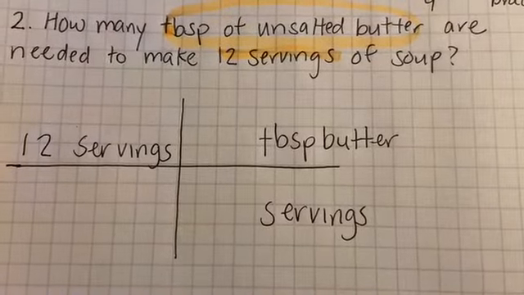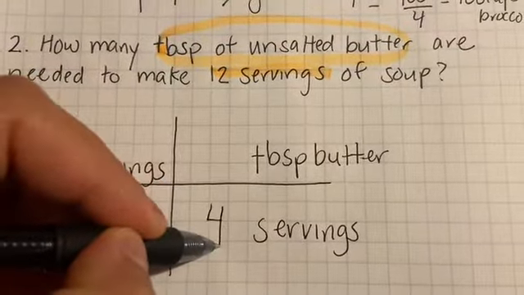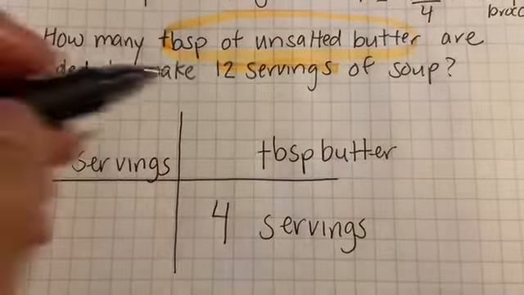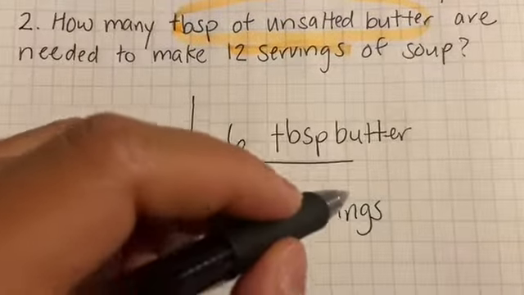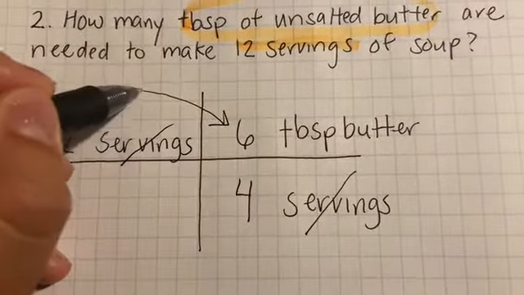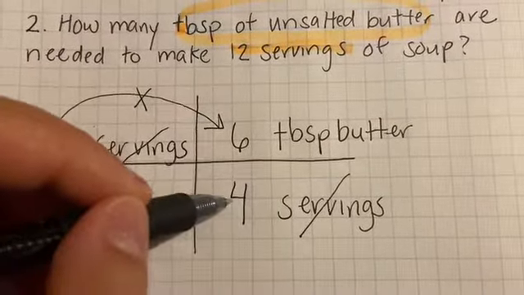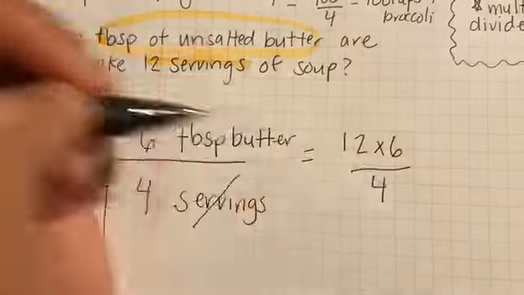What I looked up in my recipe goes here and here. I know my recipe makes 4 servings. I know that I need 6 tablespoons of butter. My servings divide out. I multiply across, 12 times 6 divided by 4. Again, 12 times 6 divided by 4.